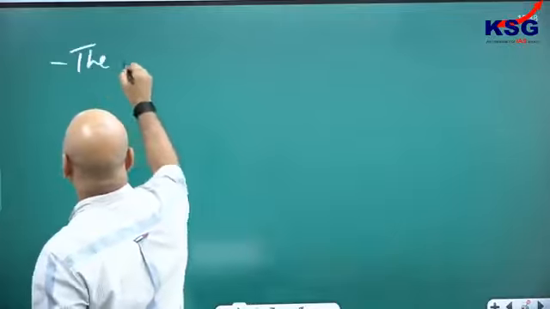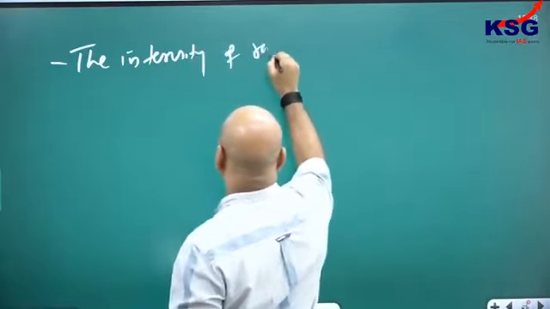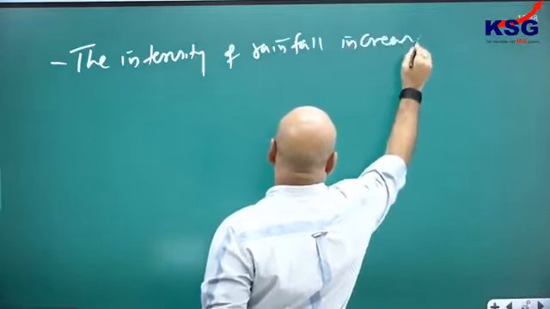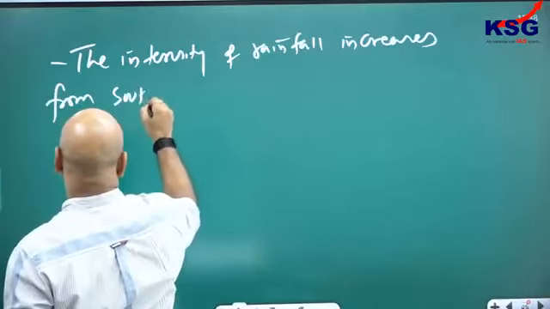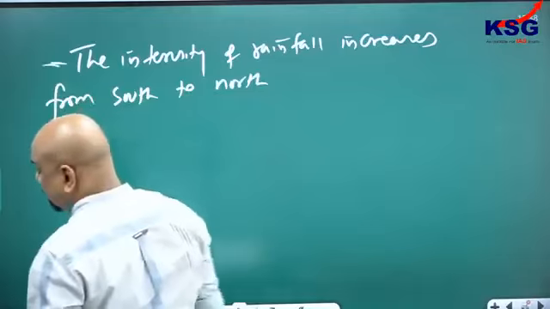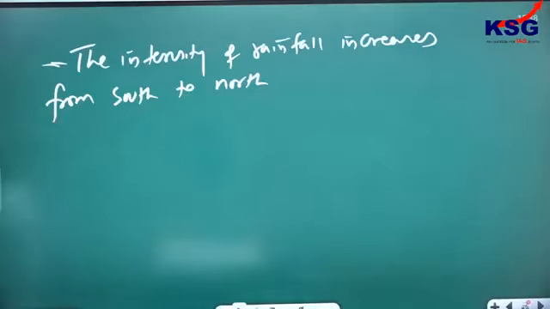The intensity of rainfall gradually increases from south to north. South to north, intensity of rainfall gradually increases.